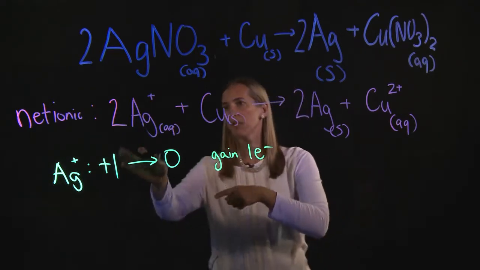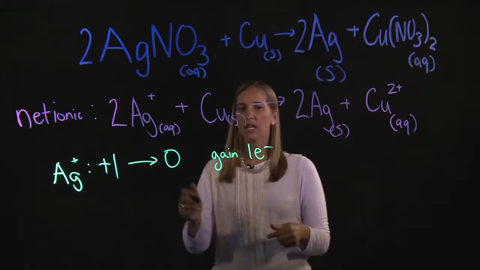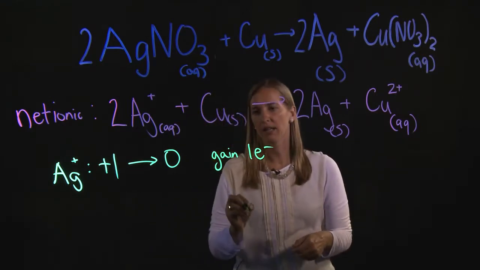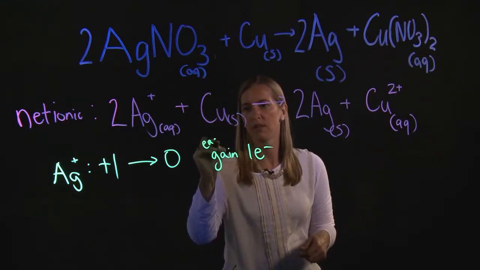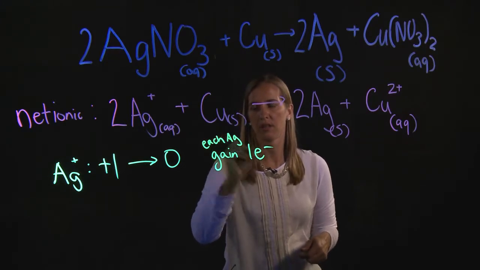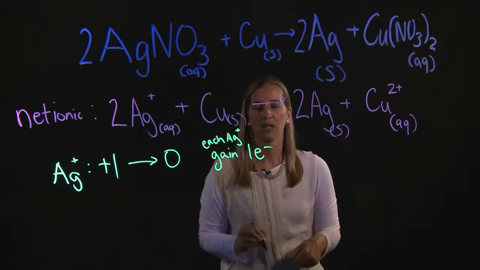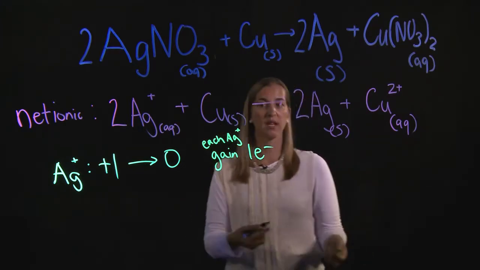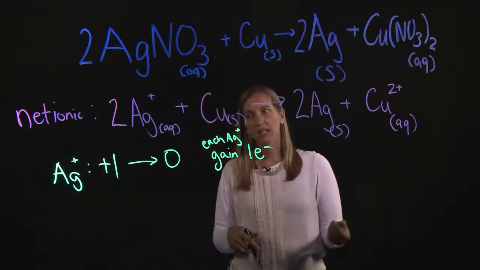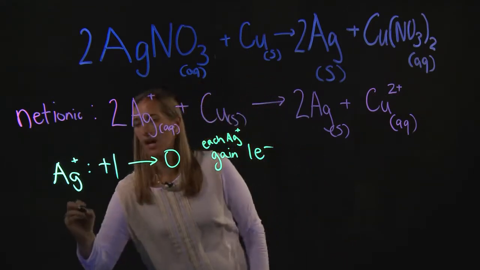Now there were 2 silvers, so each silver gained 1 electron. That was a total of 2 electrons that were gained. Where are these electrons coming from? Well, let's check out our copper.